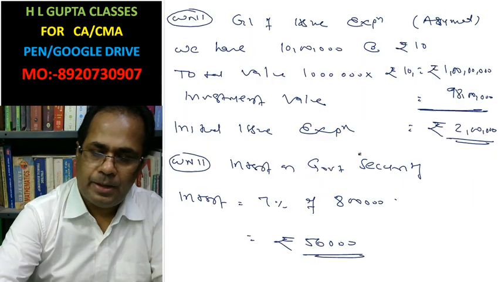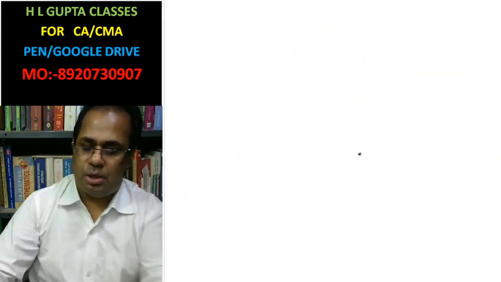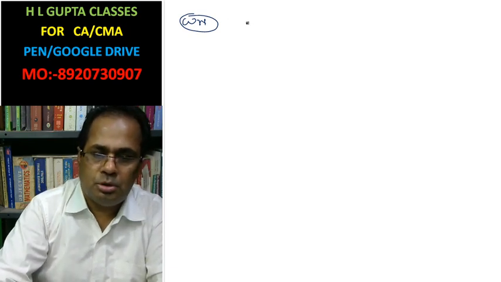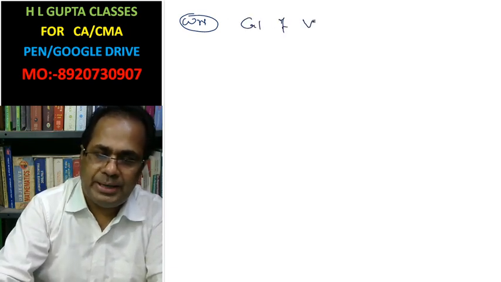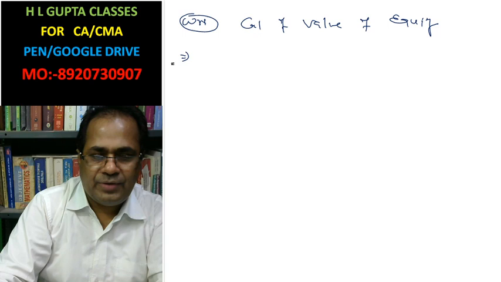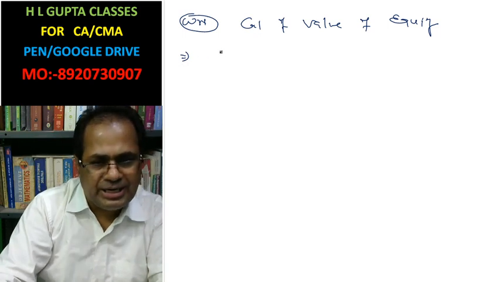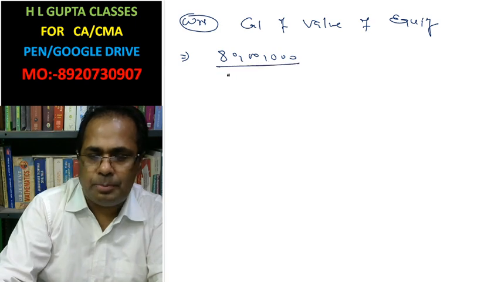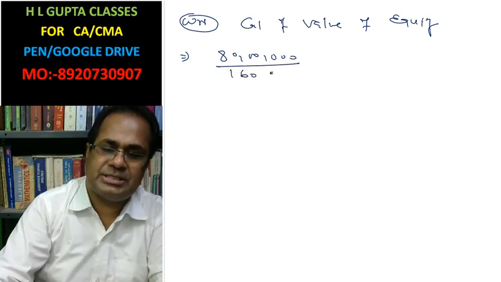Okay. Now you can calculate the value of equity. Working note: calculation of value of equity. The value of equity investment is 80 lakh when the market price is 160.